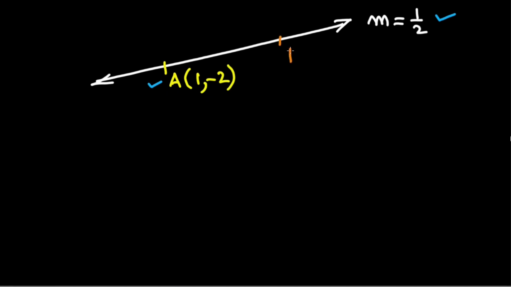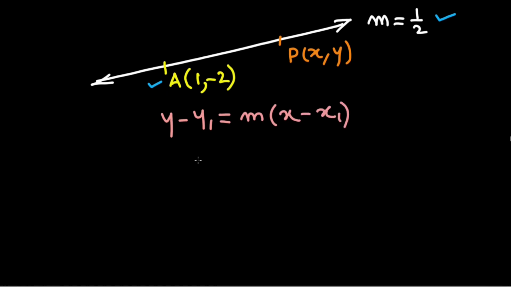Let P(x, y) be any point on this line. By slope point form, we write y minus y1 equals slope m times x minus x1. We will substitute the values.